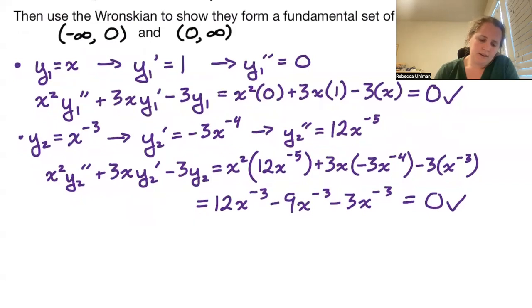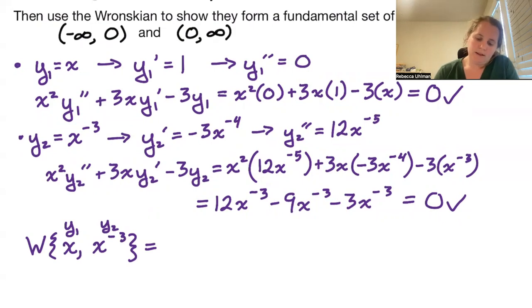Then to check the Wronskian of y1, y2, we're looking at x and then x to the negative 3. We do y1 times y2 prime. So y1 is x times negative 3x to the negative 4th. And then we subtract off y1 prime times y2.